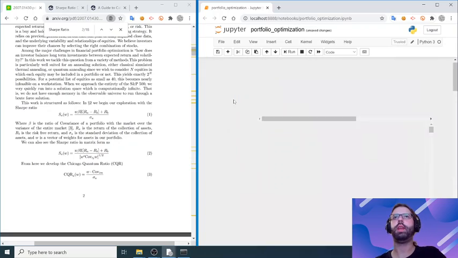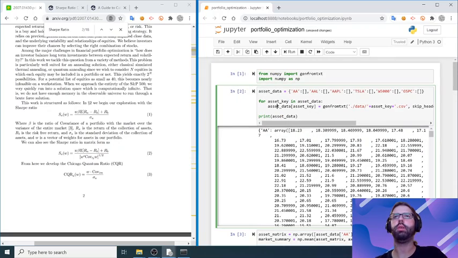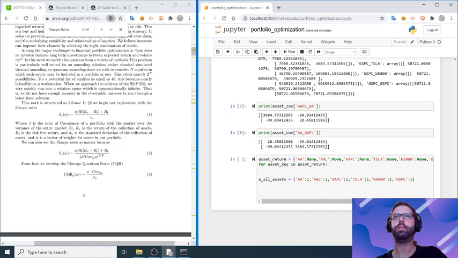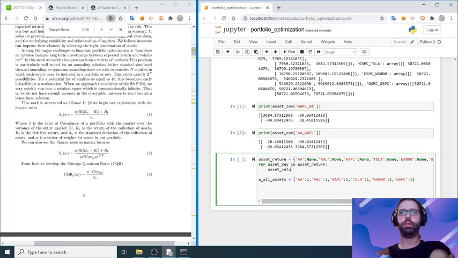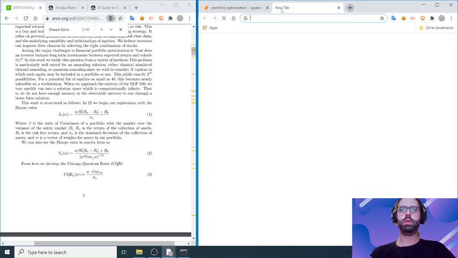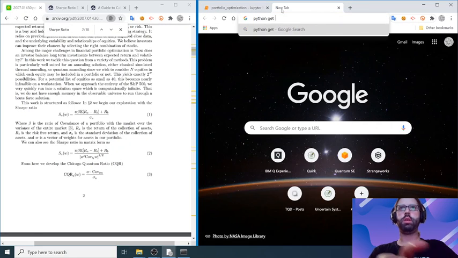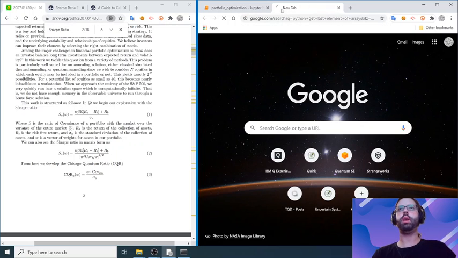We want to get asset data, first and last, so asset return for asset key equals asset data, asset key, and the last one. How do I get the last element of an array? I guess I can index it with -1. Python get last element of array.